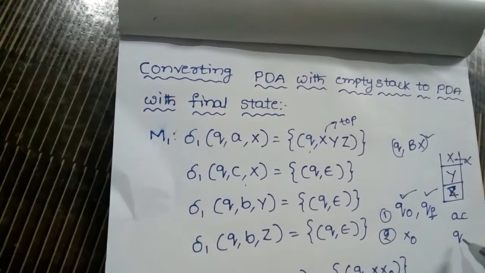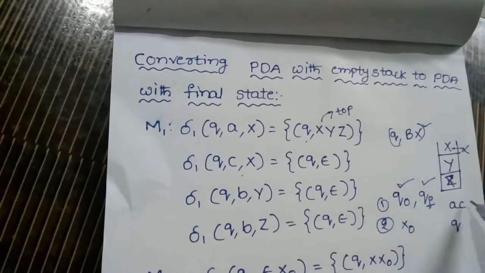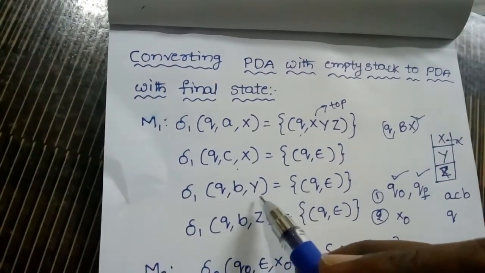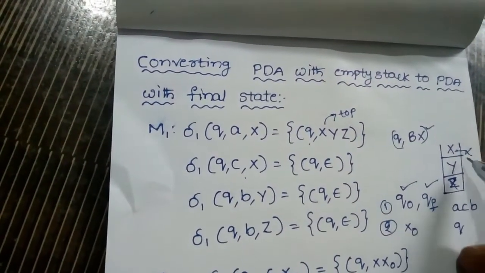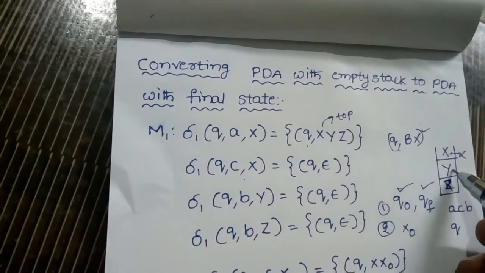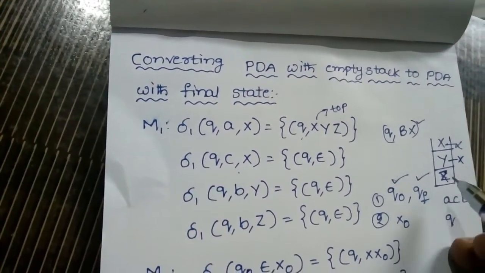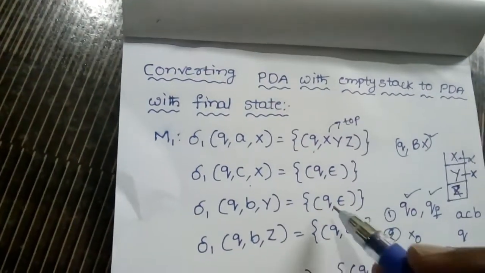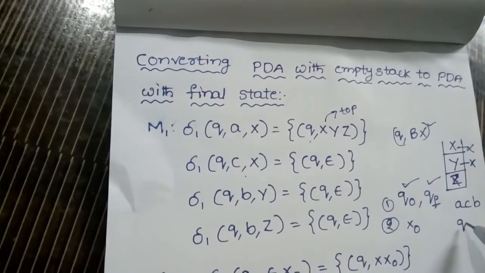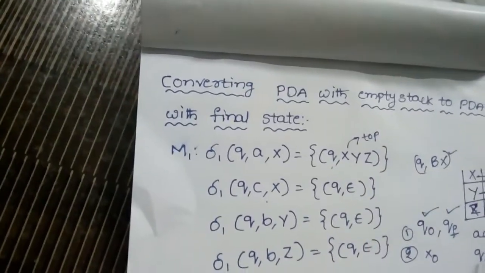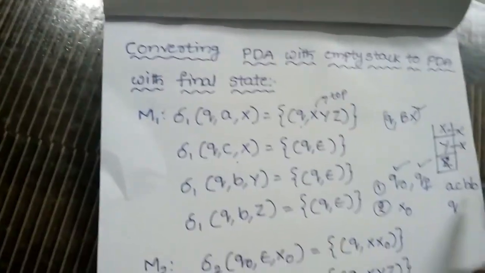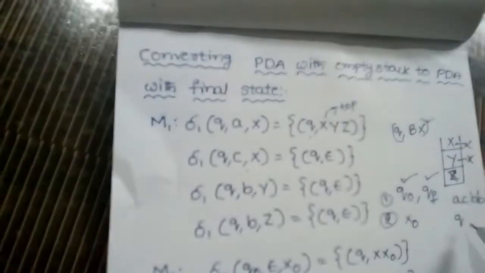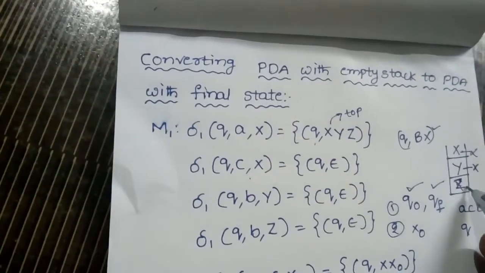And again in the state Q, if the present input symbol is B and the top of the stack is Y, then we are deleting this Y from the stack. The next one, again it enters into state Q only. In Q state, on reading one more B, it enters into Q state and it is also deleted.